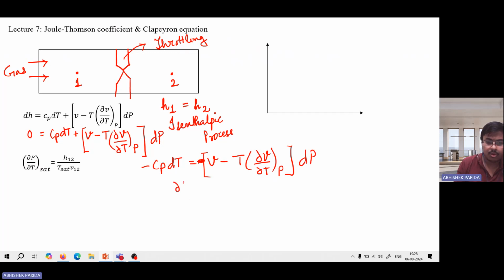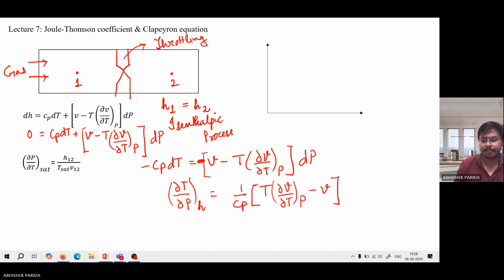Now dou T by dou P at constant enthalpy is equal to 1 by Cp times T dou V by dou T at constant pressure minus V. This is called the Joule-Thomson coefficient.